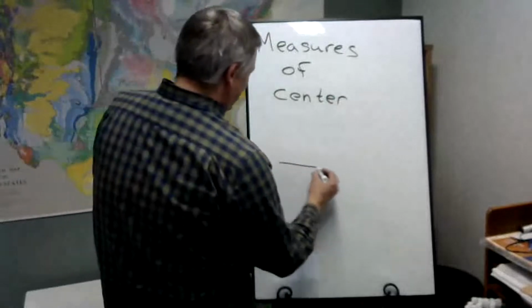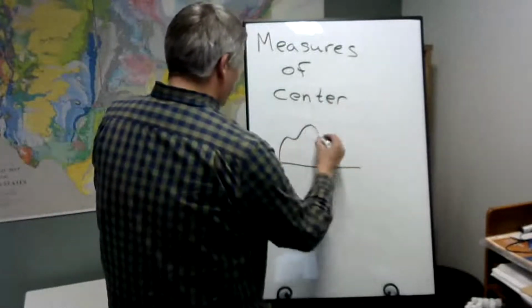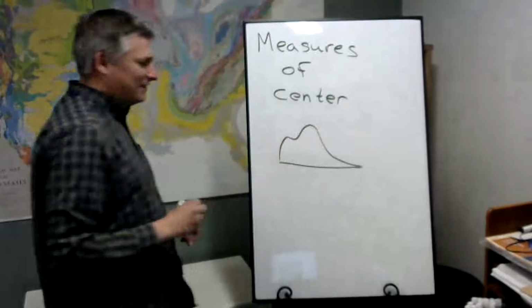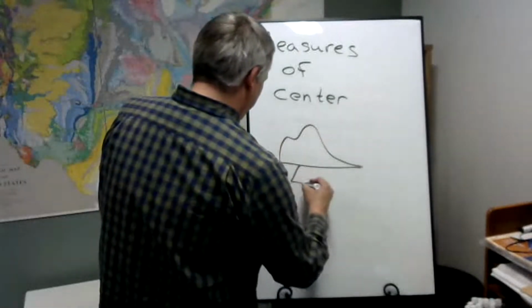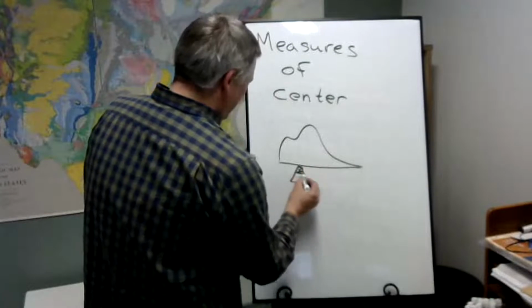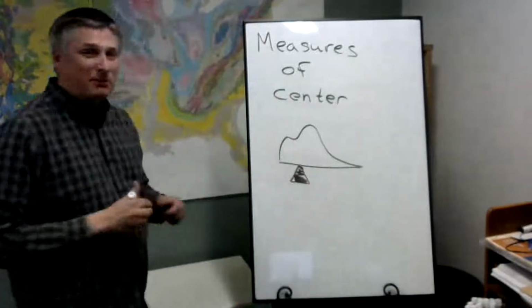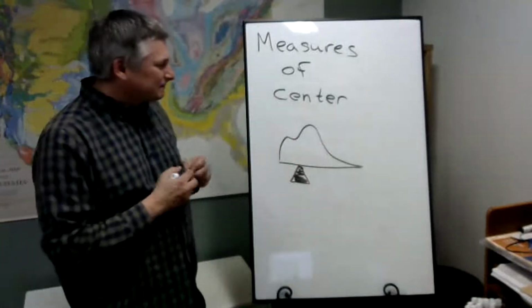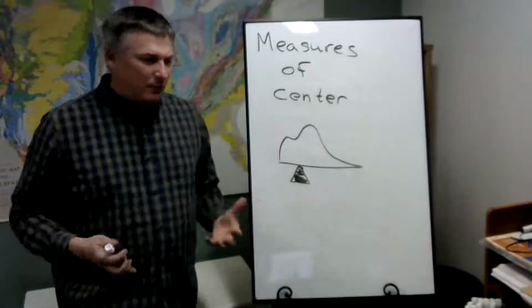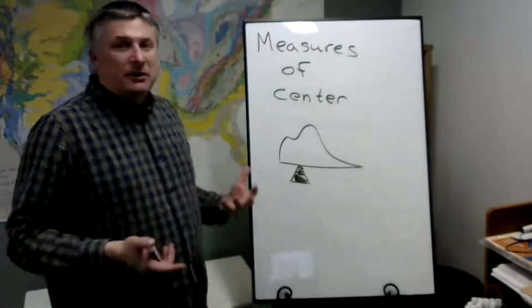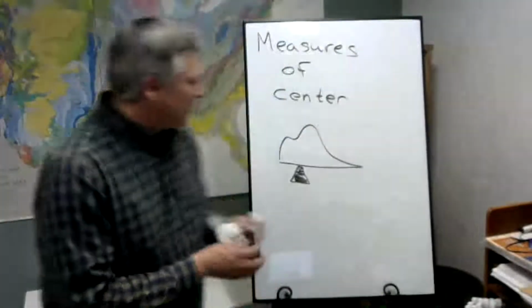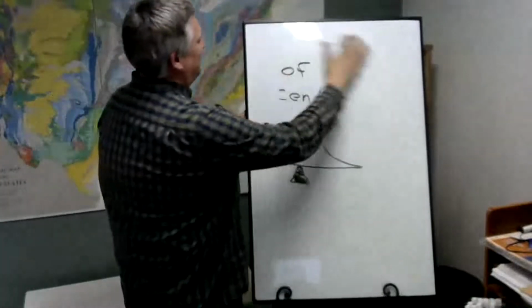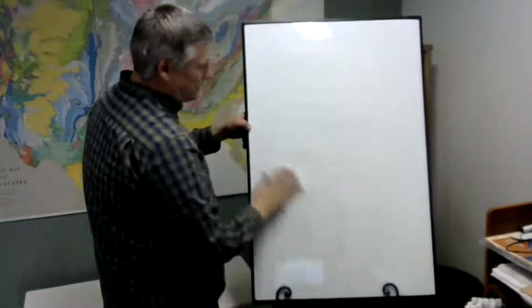So if we have our data, and our distribution is doing something like this, we might be looking for a fulcrum point where we can balance our data. So we can balance on a point. That's kind of what we're thinking of. And we're going to look at different ways of considering a measure of center. First off is the mean.